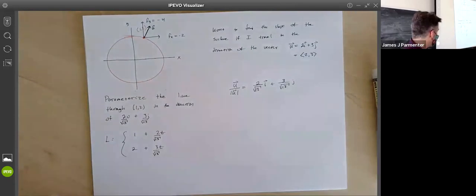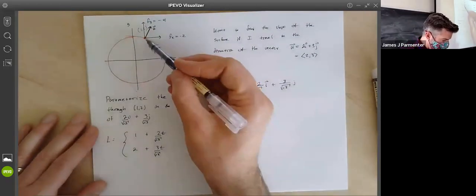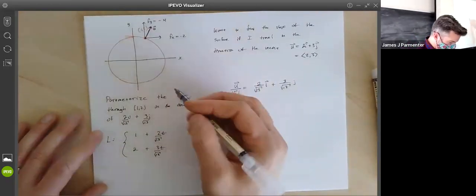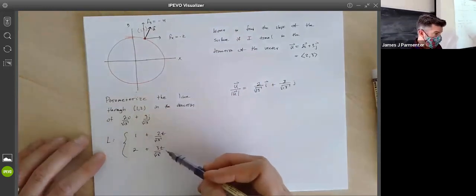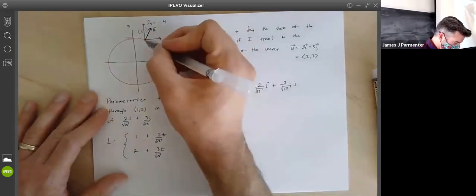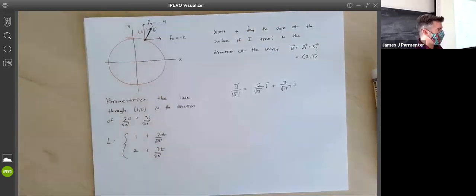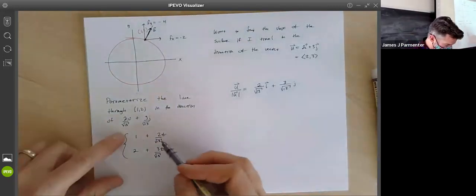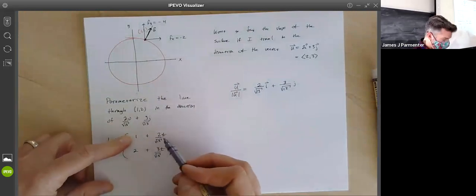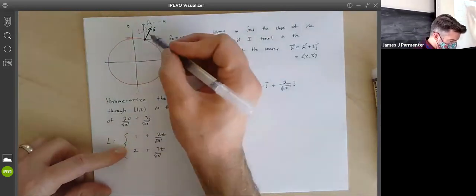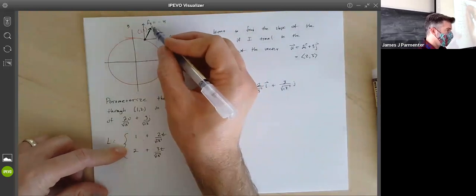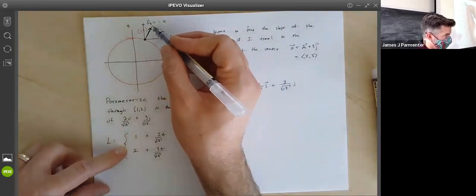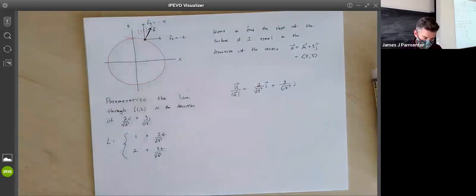Let me point out, if I'm starting at the point 1, 2, I get that point by setting t equal to 0. To get any point in the direction of this vector, I just set t equal to some value. If t was equal to the square root of 13, for example, I'd get the point 1 plus 2, which is 3, and 2 plus 3, which is 5. So I would go over 2 and up 3 to the point 3, 5. This part's not the terrible part.